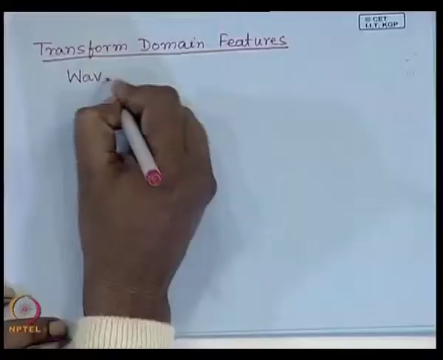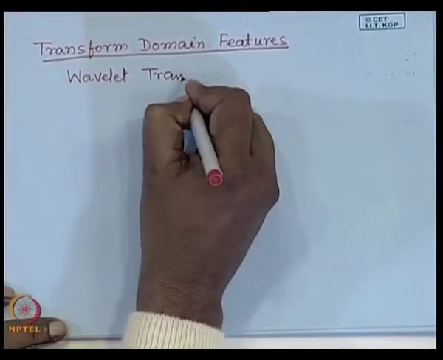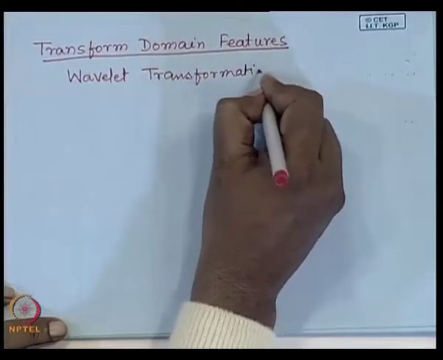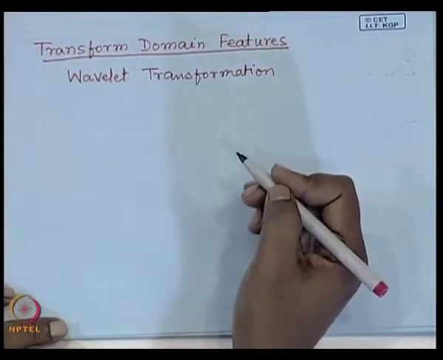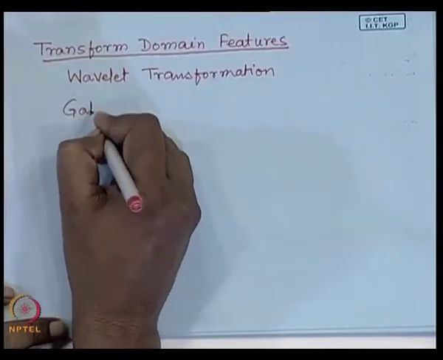Okay. So, the kinds of transformation which have become very popular for describing textures are, one is wavelet transformation, and the most popular to represent textures is Gabor filter or Gabor transformation.